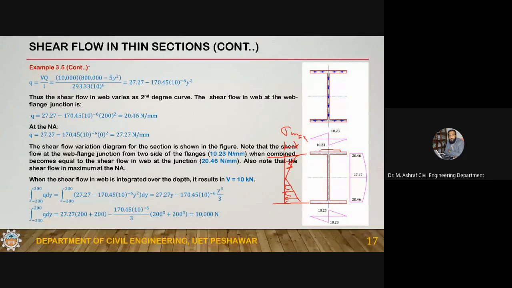What will happen in this case? Since there are more stresses here, and if you are having more area in this region, the capacity will also get increased, since the stresses are maximum here.